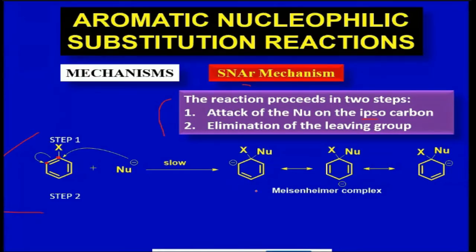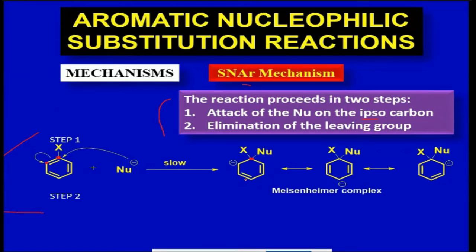So this complex is produced, and you can see that the nucleophile and the X are attached to the same carbon atom. Now, this negative charge, of course, is highly unstable, and luckily it has a double bond close to it. So it's a situation of delocalization in which the pi bond is in conjugation with a filled p orbital.